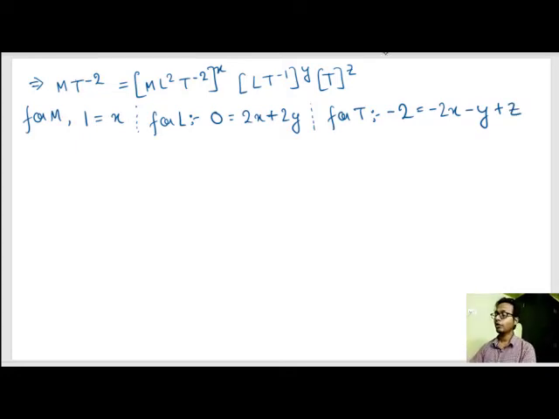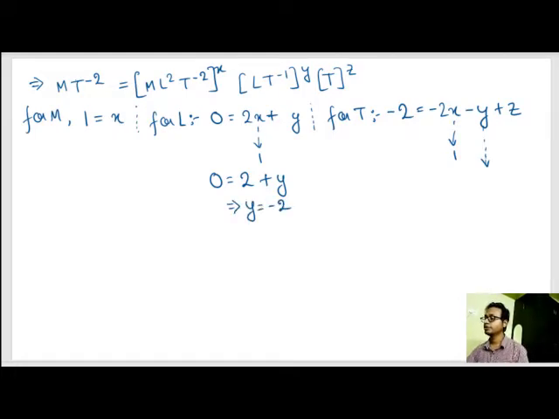Okay. We already know x equals to 1, so we can substitute x equals to 1 out here. So 0 is equals to 2 into 1 plus y, or y is equals to minus 2.